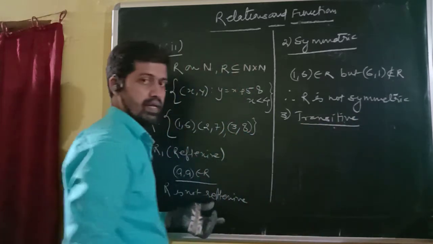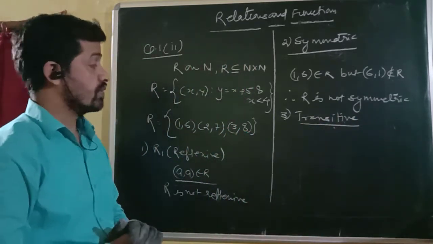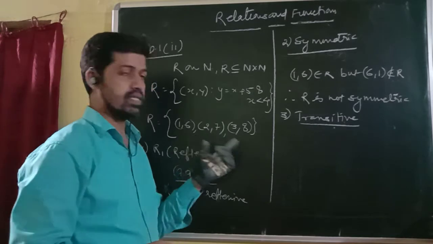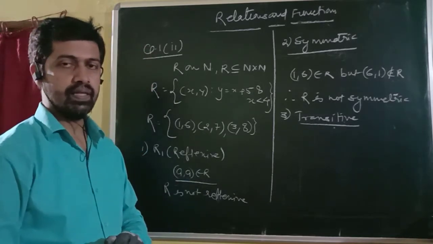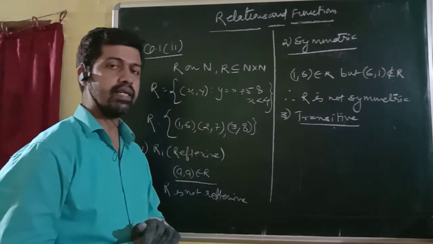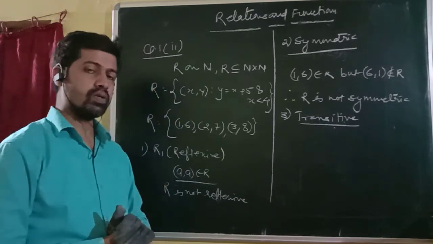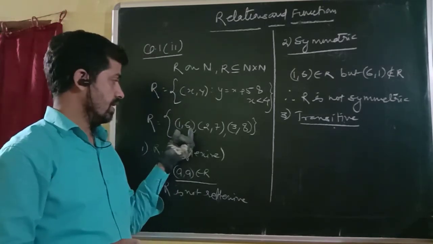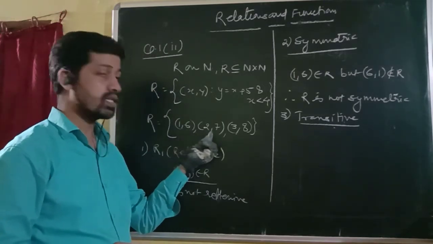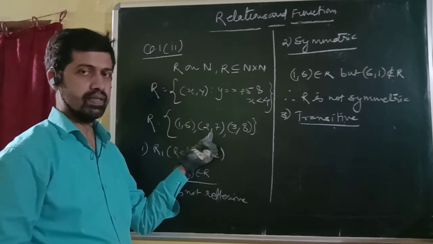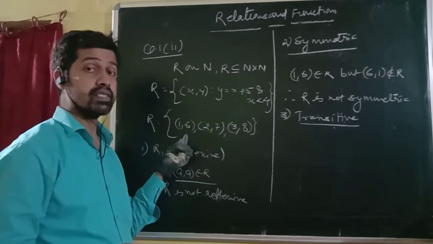The next is transitive relation. Now we check whether this relation is transitive or not. In the previous video we discussed the concept that if the element is not repeating, then the relation is transitive.